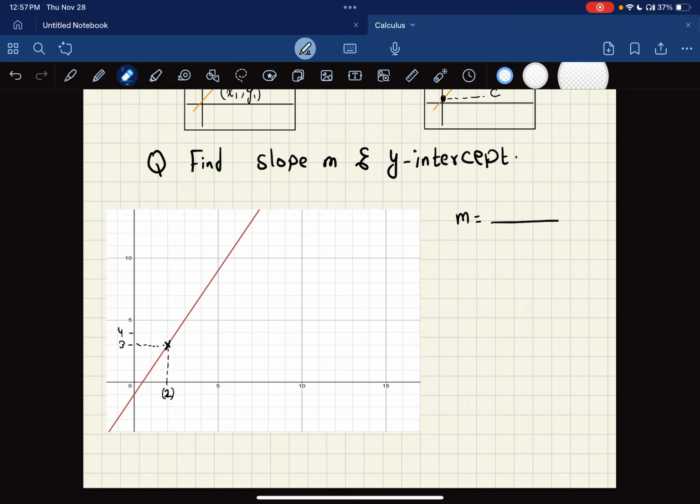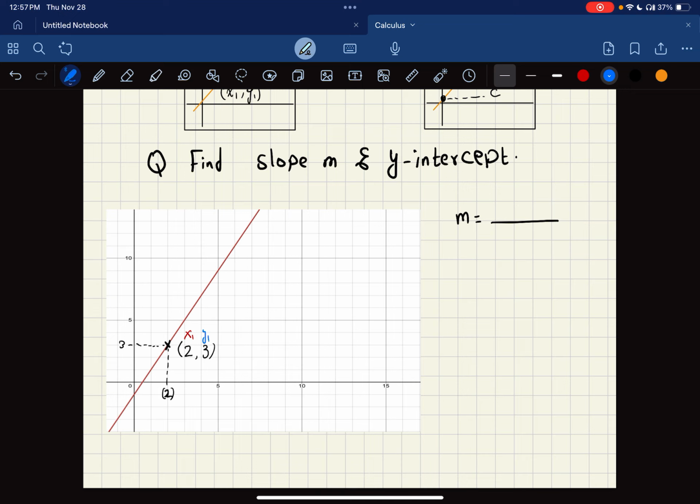Okay, I'll get rid of the other points. You should be able to easily read these coordinates. And remember, your coordinates are written with the x coordinate first, so 2, and then the y coordinate followed by that. We call these ordered pairs. You write down the x coordinate first, and then you write down the y coordinate. Always remember that. So this becomes our x1, and this becomes our y1.